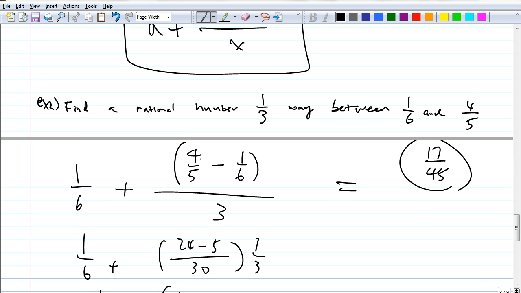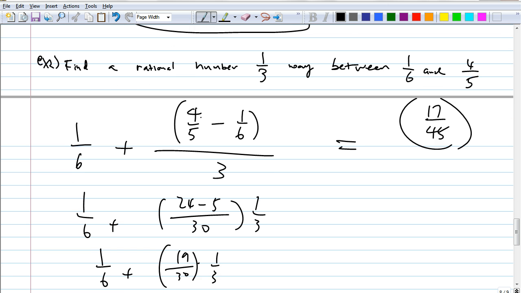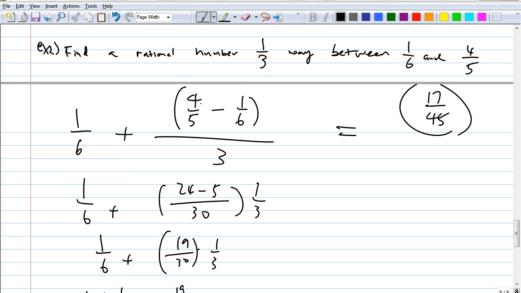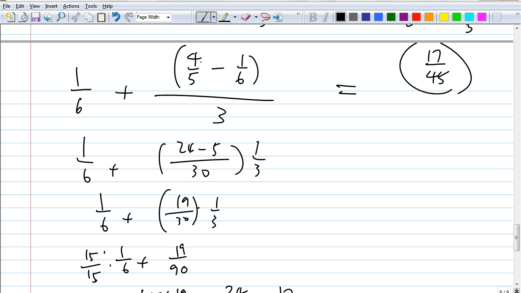Don't you get 24 over 30 minus 5 over 30 when you make it into a common denominator, right? Okay, and then when you divide it by 3, that is same as multiplying by 1/3, right? So you get 1/6 plus 19 over 30 times 1 over 3. So you get 1/6 plus 19 over what, guys? 19 over 90, and for 1/6, you need to get a common denominator of 90.